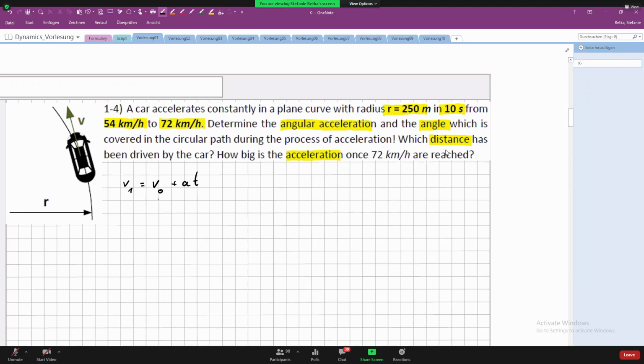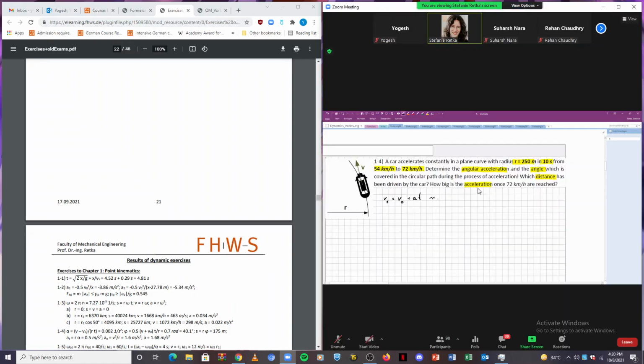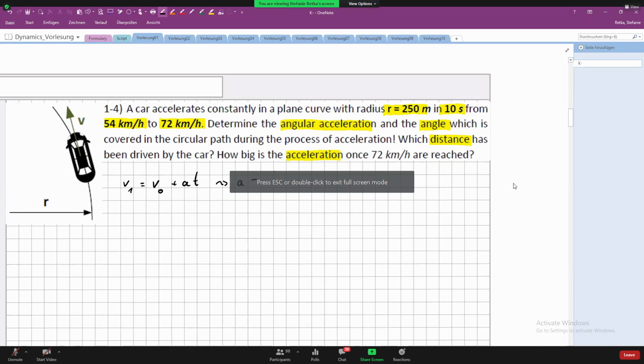We do know the time, and then we can derive the acceleration, a equals v1 minus v0 over t. And from that, we can find the angular acceleration alpha, which is a over r, so v1 minus v0 over t times r, and that results in 2 times 10 to the power of minus 3 per square second.